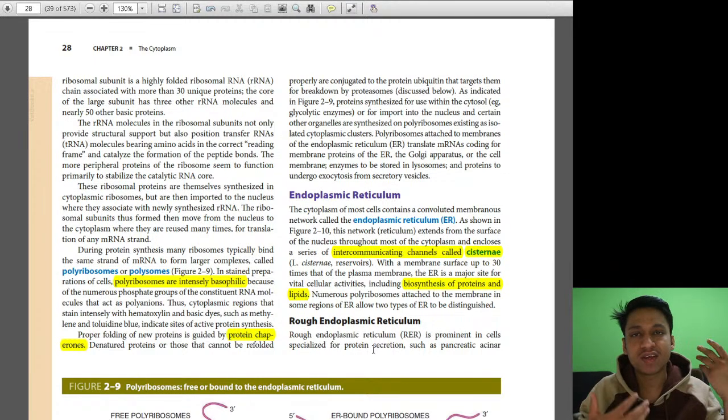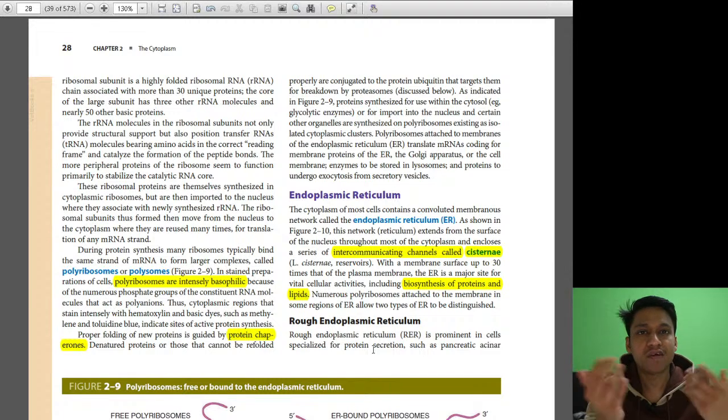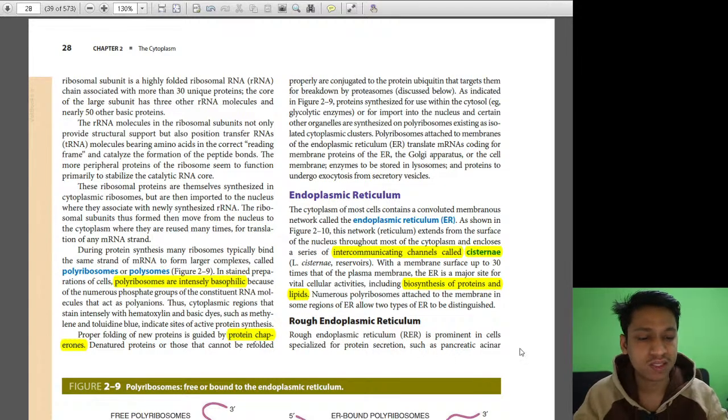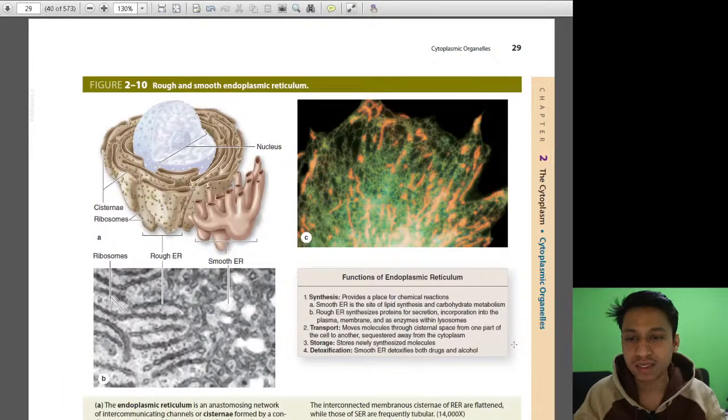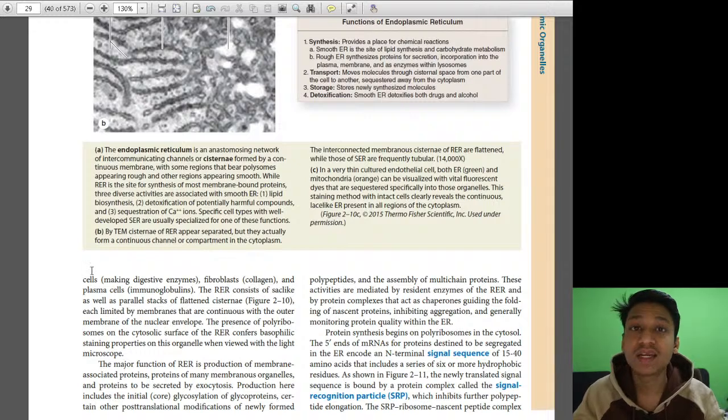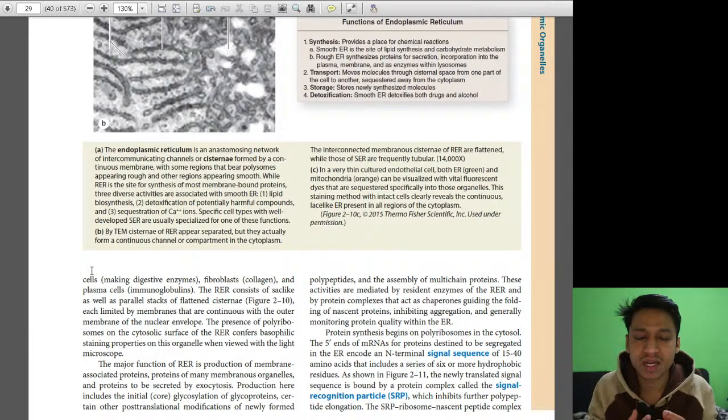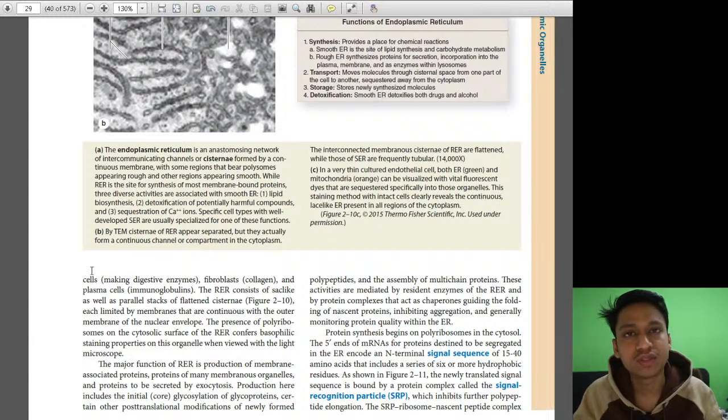So where we have the ribosomes, there we'll have protein synthesis. Here are examples where the rough endoplasmic reticulum is dynamic and produces proteins: pancreatic acinar cells, fibroblasts produce collagen, plasma cells produce immunoglobulins, that is antibodies.